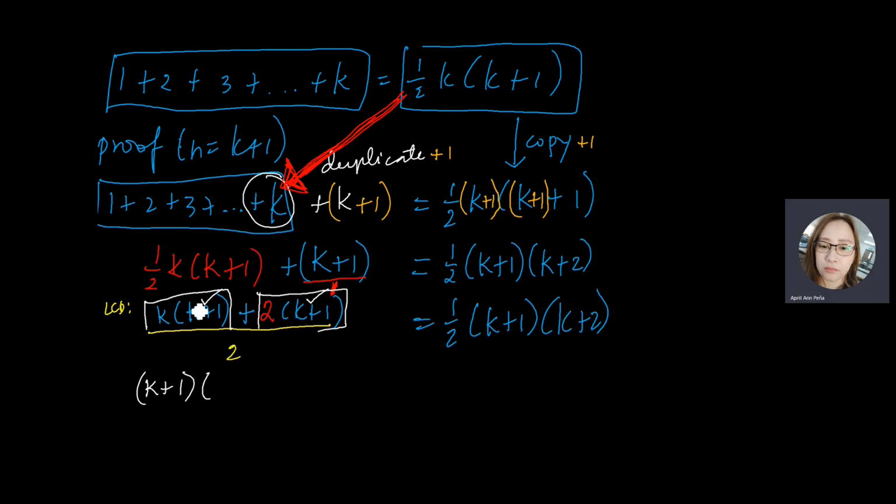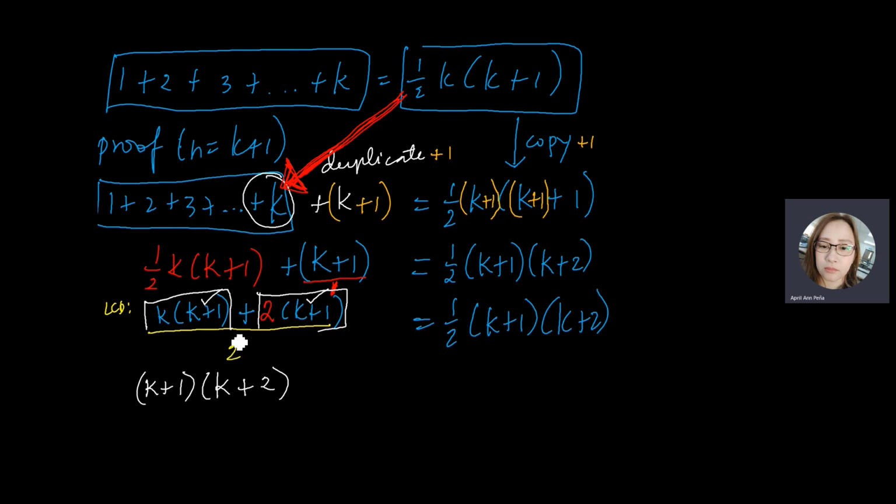After you put outside the k plus 1, what's left in this term? Of course, it is the k. Copy the operation plus. And in this term also, you put outside the k plus 1 because you factored it, so what's left is 2. You close it.